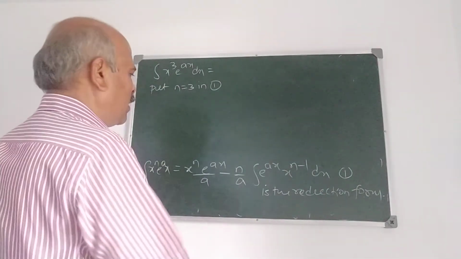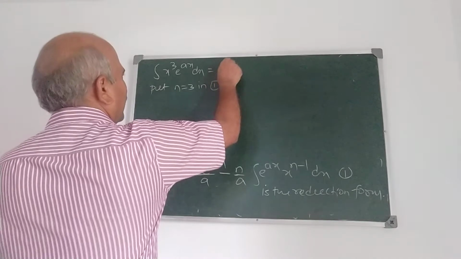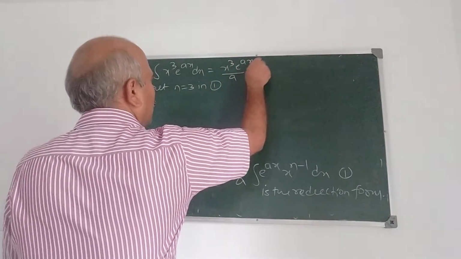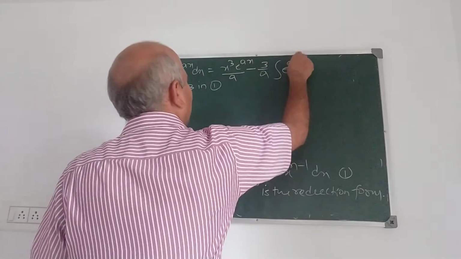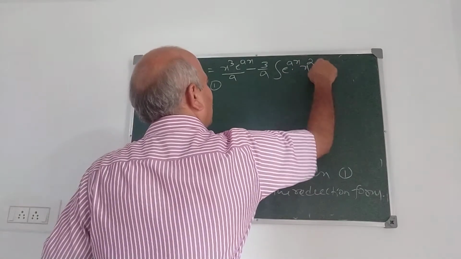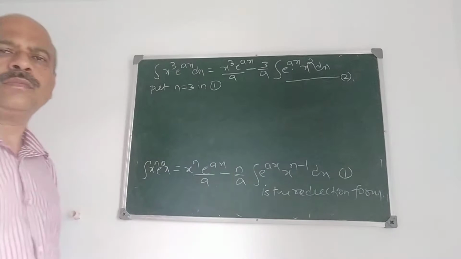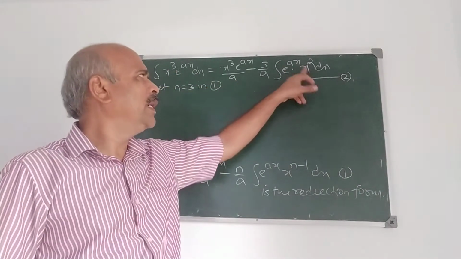Substitute n is 3. You will get it is x raised to 3 e raised to ax by a minus 3 by a integral e raised to ax x square with respect to x. Take this as 2. So we have expressed x cube e raised to x in terms of x square here.